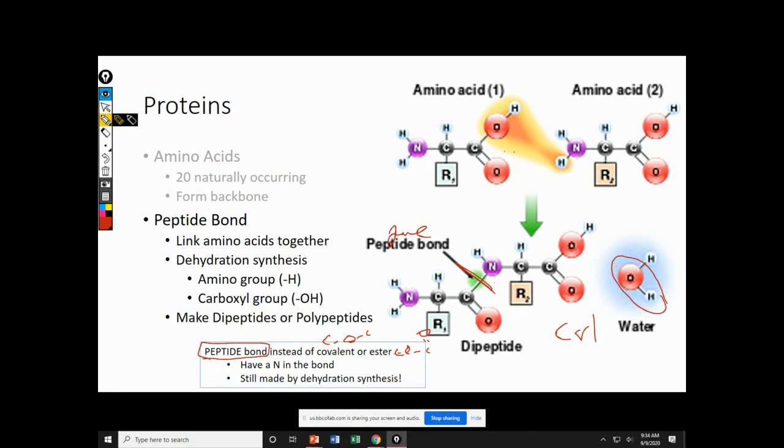So Jane is going to get the OH from the water. Let's go ahead and change colors here. And Carl will get the leftover H. And that hydrolysis will break that peptide bond and give us two separate amino acids. Okay, great question, and perfect application.